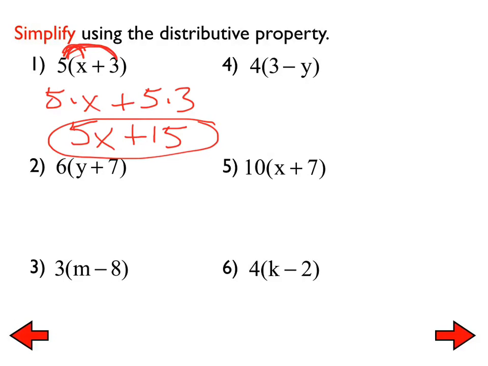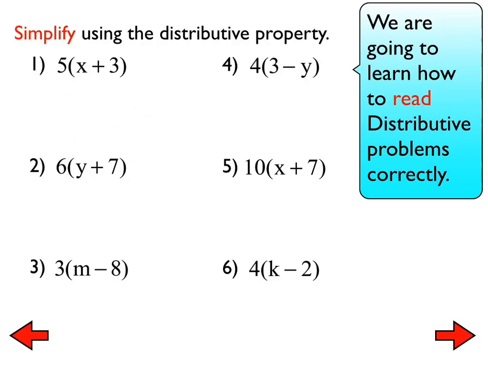So are there any questions on how we came up with 5x plus 15? It should be very simple. Once again, 5 times x and then 5 times 3. 5x plus 15. Now what we're going to find out in a few days is we can't do anything else with this 5x plus 15. That's why it stays like that. So one more time. 5 times the quantity, and this is one of the things we're going to work on today, is how to state this part right here.